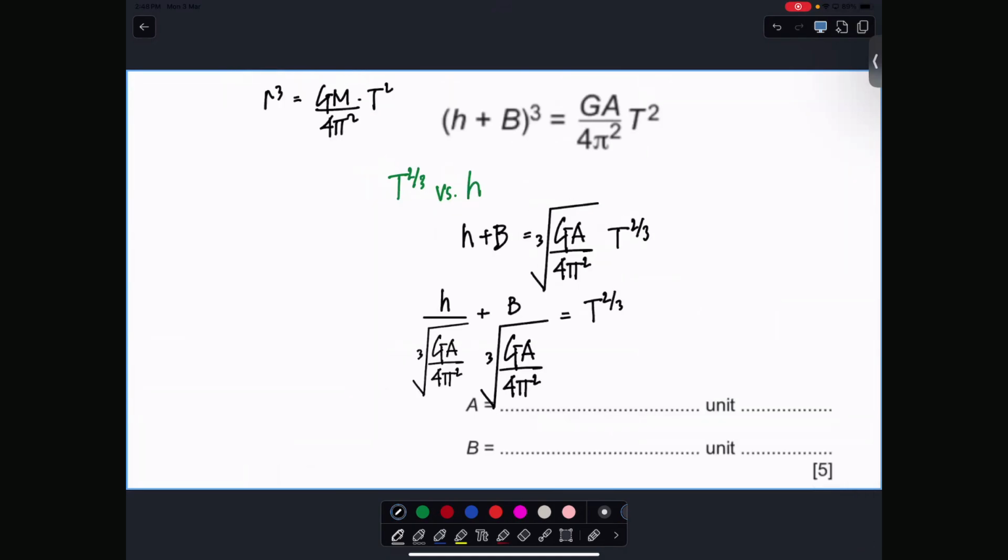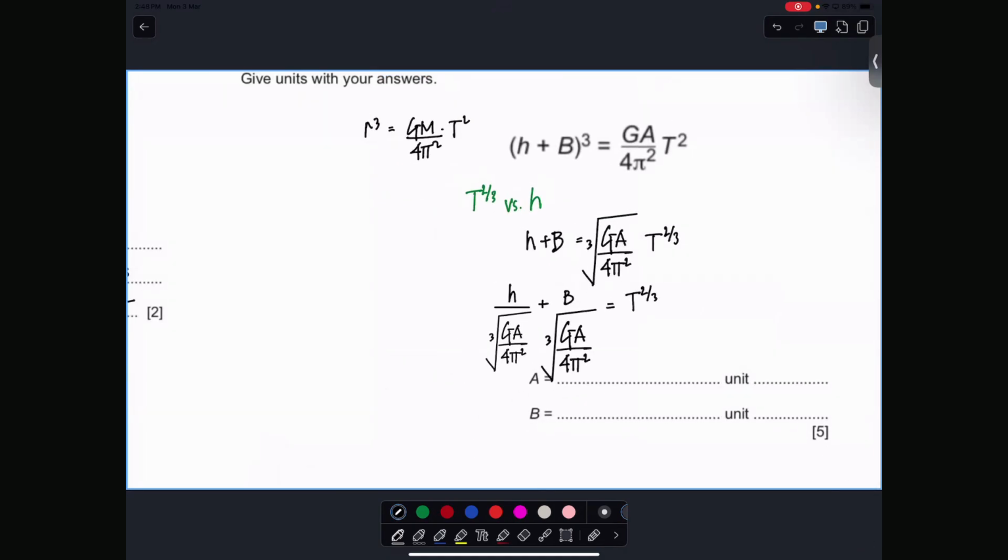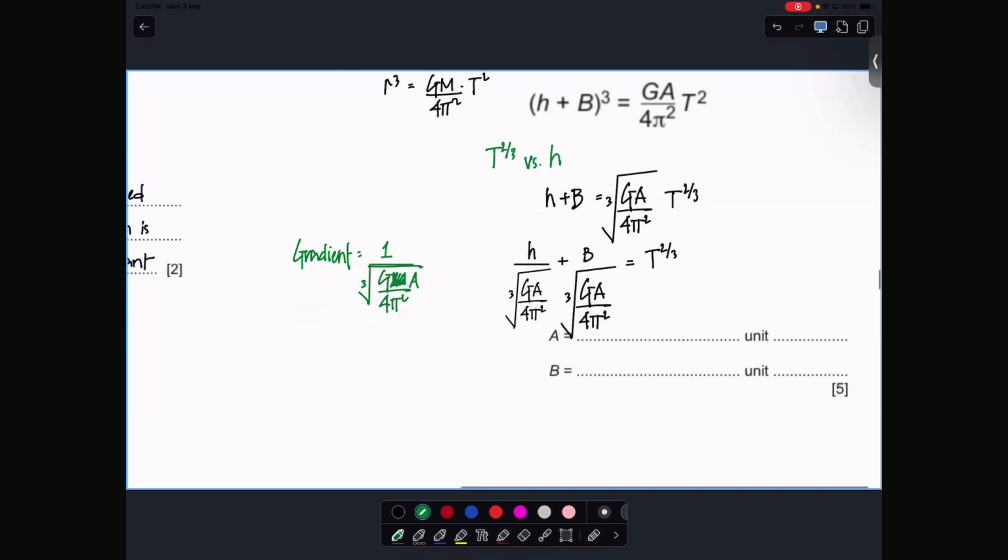So now we want to find where we can get A from, by the gradient. If we find the gradient, what does the gradient give us? Yes, gradient is 1 divided by the cube root of G M by 4 pi square. So GM means A. From here you get A. And how do you get B? Y intercept is equal to what?